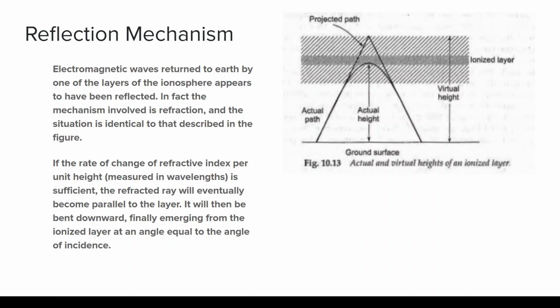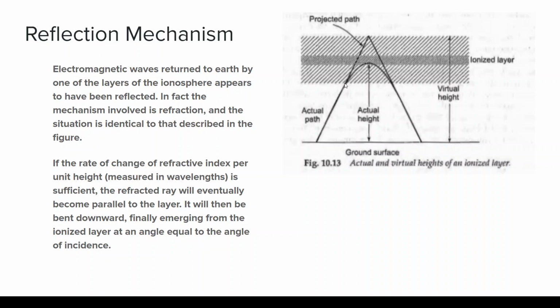Electromagnetic waves return to Earth by one of the layers of the atmosphere and appear to have been reflected. It appears that the rays are being reflected by the ionospheric layers. In fact, the mechanism involved is refraction, and the situation is identical to that described in the figure. It may appear that the ray is getting reflected, but actually the process of refraction is taking place.